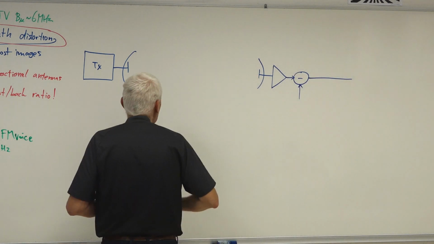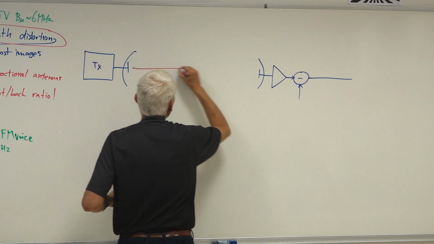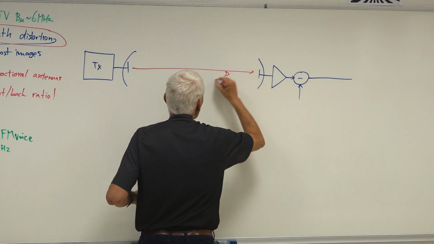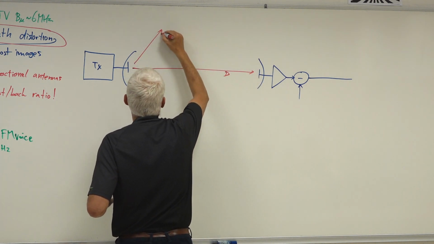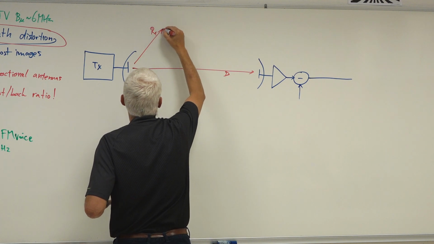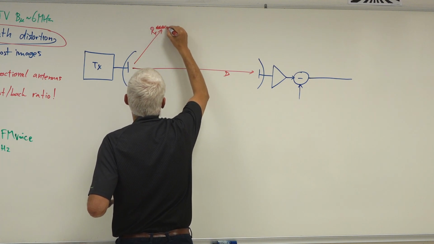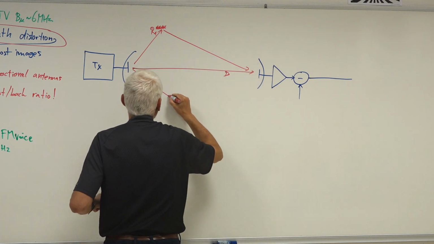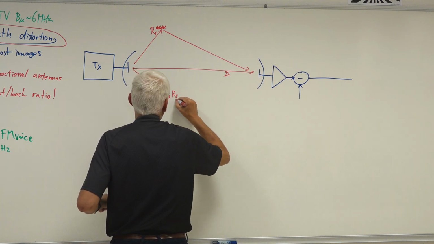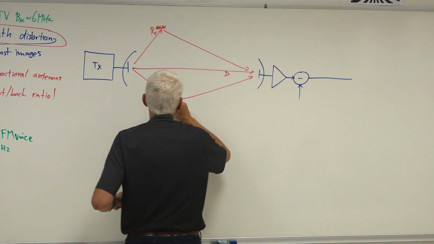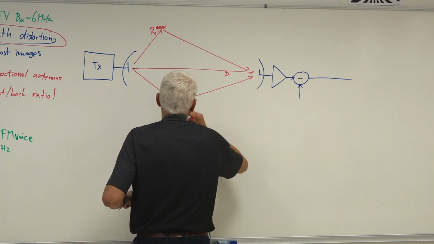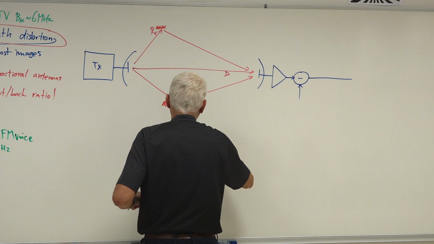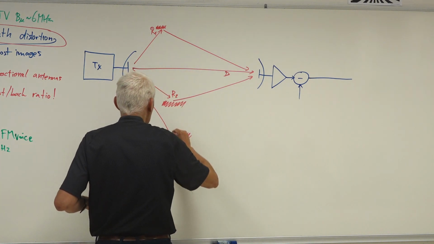So here in the channel, I have a direct ray. This is direct. I have maybe a reflection 1 from an obstacle here. I may have reflection 2 from another obstacle here. And the third obstacle may give a reflection 3.